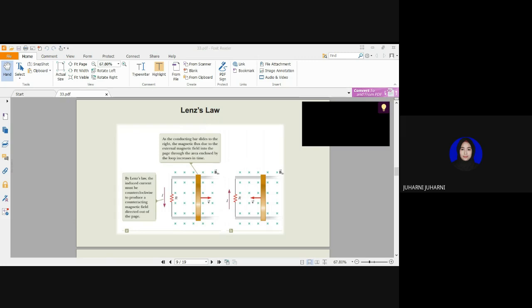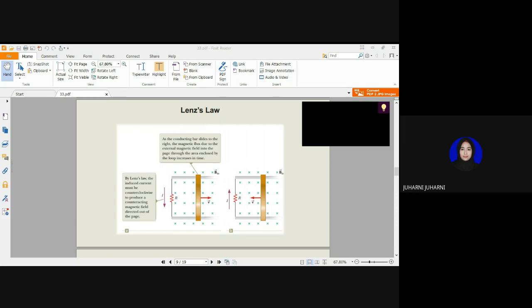look at this slide, where a bar is moving to the right on two parallel rails in the presence of a uniform magnetic field. As the bar moves to the right, the magnetic flux through the area enclosed by the circuit increases with time because the area increases.